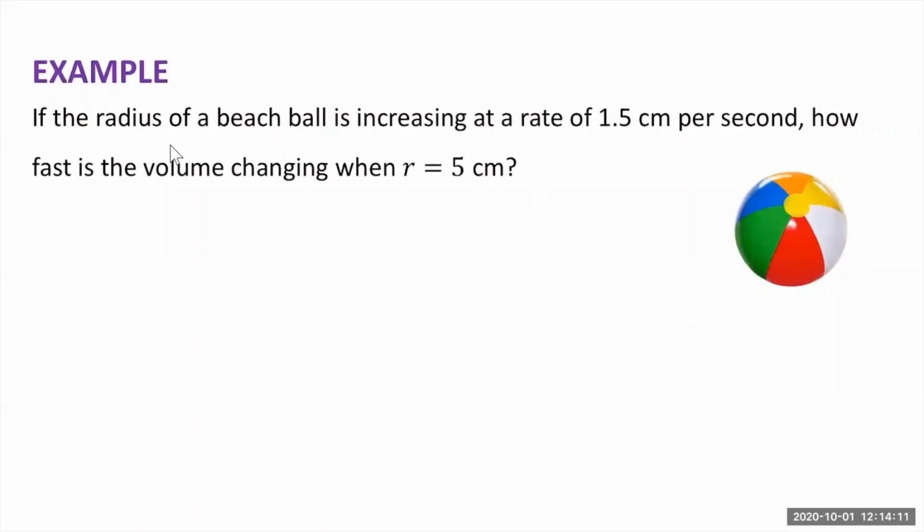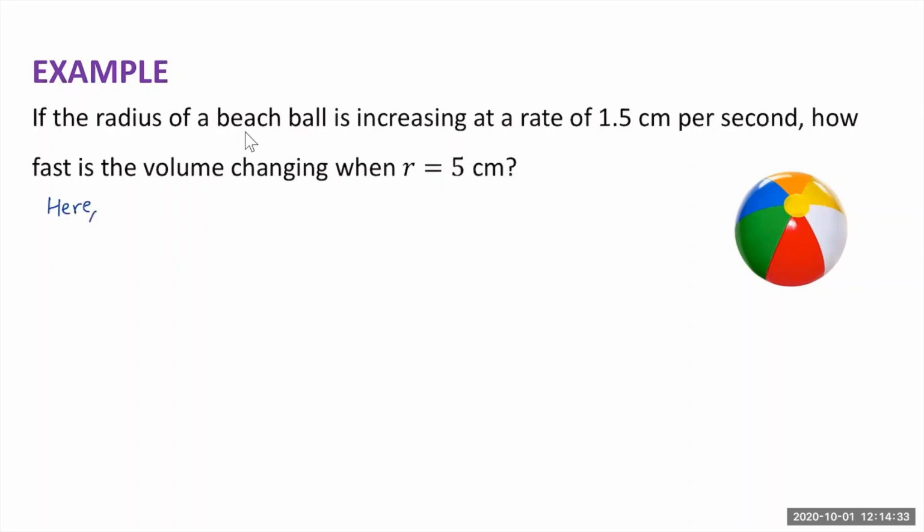Example: if the radius of a beach ball is increasing at a rate of 1.5 centimeters per second, how fast is the volume changing when r equals 5 centimeters? So here, let's see what they have given.